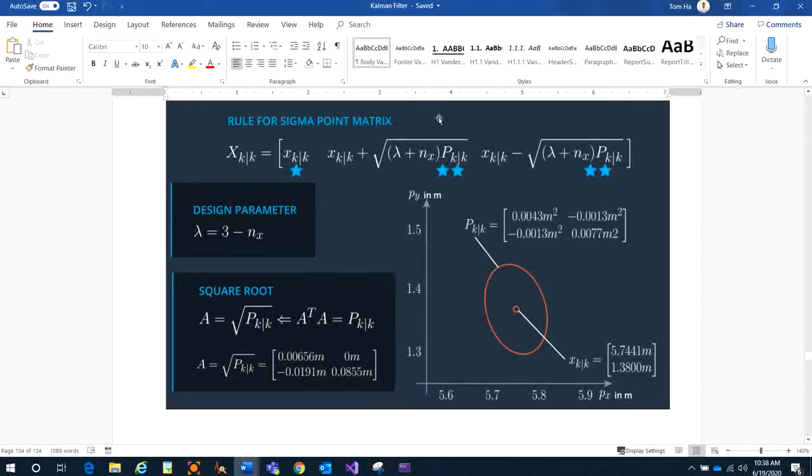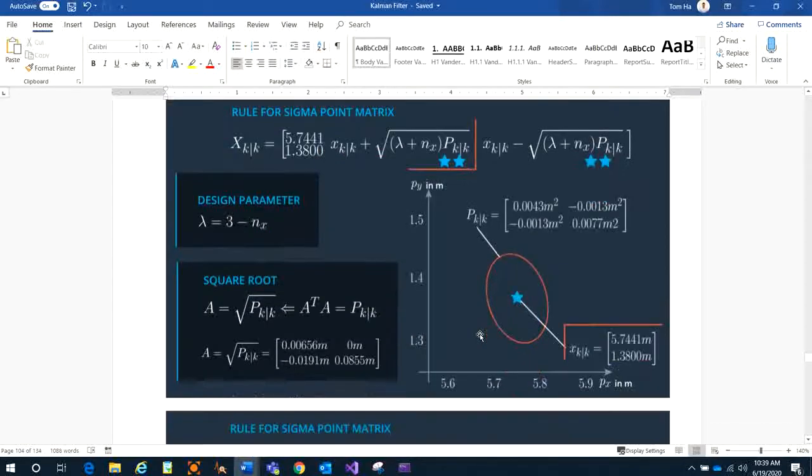For example, right here you have the square root of Pk. There are 2 vectors right here. When you add them to the mean state and multiply by the square root of lambda plus nx right here, you have another 2 sigma points generated, right? And we apply the same way for the opposite side, which means minus, not plus, minus the square root of lambda plus dimension times A. They generate 2 vectors for you.